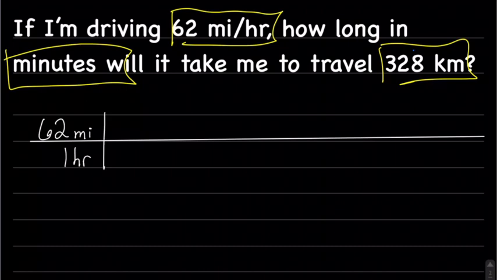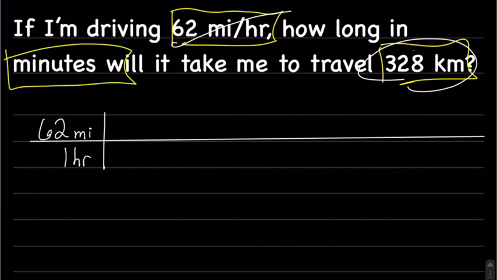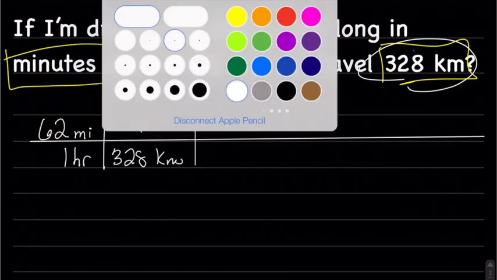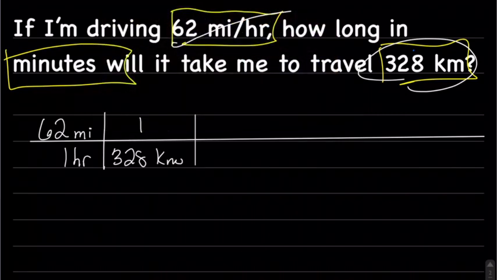So we've used this guy. Now we have our kilometers. We want our kilometers, which is a distance, to cross out our miles. So I'll put the kilometers on the bottom, 328 kilometers under 1. And then again, we're trying to get rid of the distance, miles and kilometers.